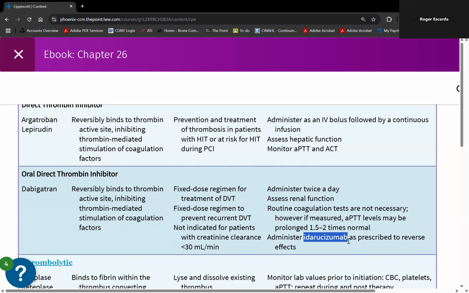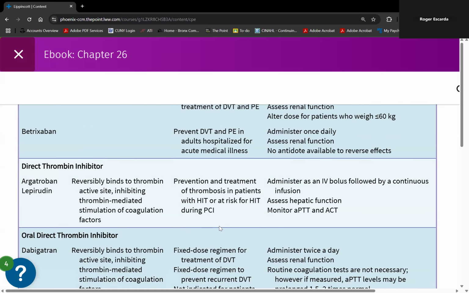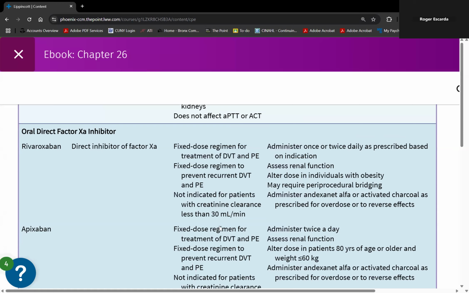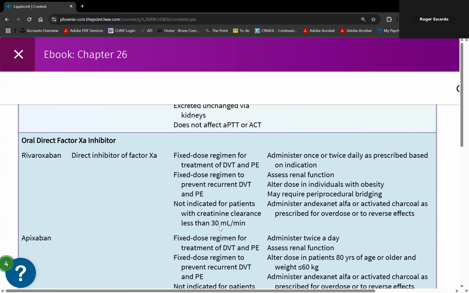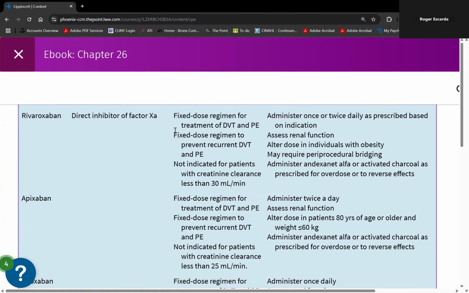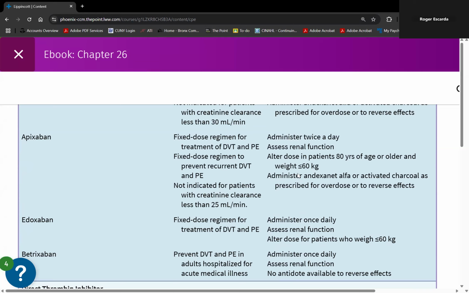Okay. That's the only one that has an antidote. All the rest do not. Our only choice here, if you do have bleeding from these, of course, we stop it, right? Best thing we can do is give you plasma. That's the only thing I know that could help. Fresh frozen plasma.